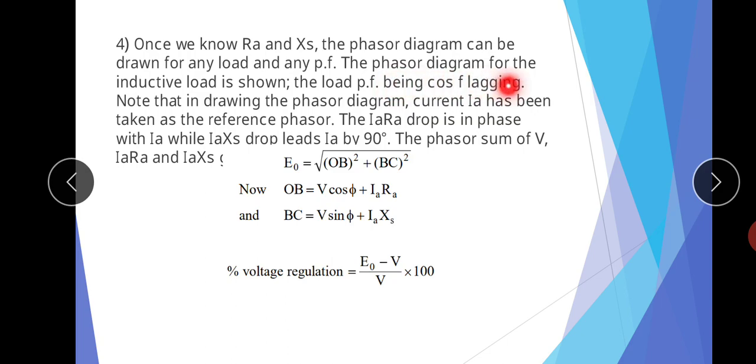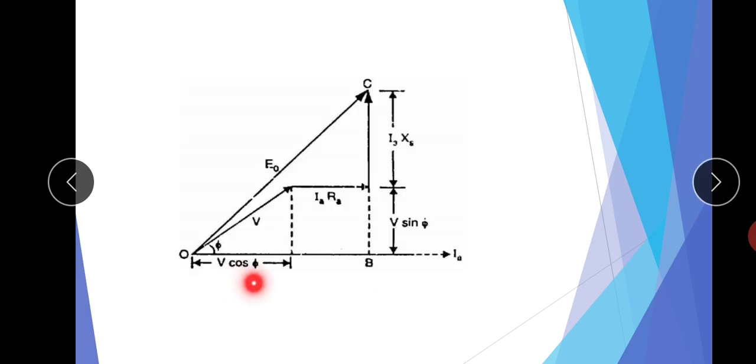The phasor diagram for the inductive load is shown. This is the phasor diagram of an inductive circuit. We take IA, the armature current, as the reference. As it is an inductive circuit, the voltage will lead the current.